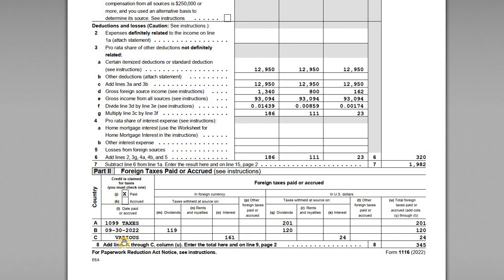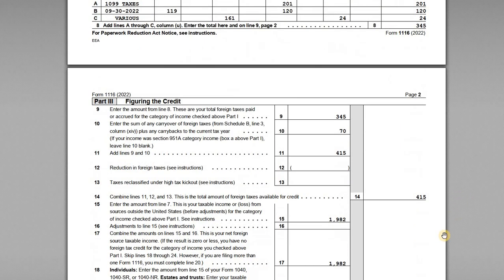And then lastly, the Denmark bank account, the interest income, the payments were made over the course of the year, and the total amount of interest tax withheld, the foreign taxes withheld, 161 Danish krona, and then the US dollar equivalent is $24. So add all these up and we get 345 US dollars in foreign taxes eligible for the credit.